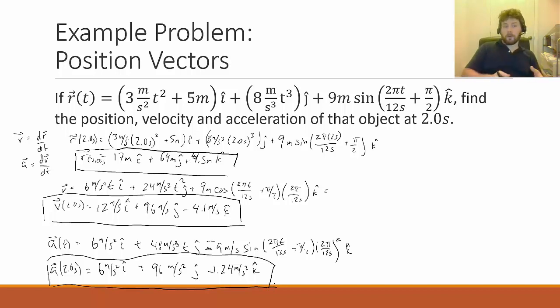Then you could solve for the constant because all the x components have to be equal, and the y and the z separately. And you can take the integral again to get position. So to go in this direction is an integral, and that direction is a derivative.